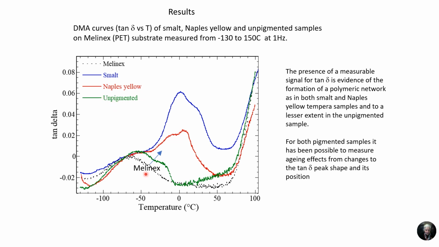So the unpigmented, you can see, just has a small response there, and the Naples yellow is the red one, and the smalt is the blue.